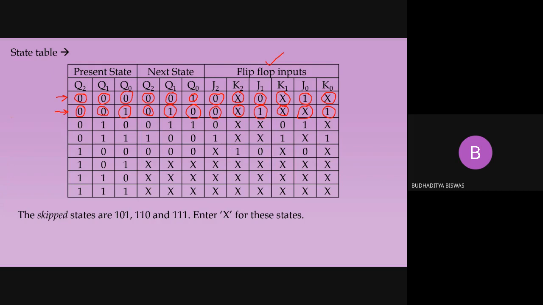So now you can easily understand everything. That means say this one is equal to 0, that is equal to 1. So this is a 0 to 1 transition, and for 0 to 1 transition, it should be J1, K don't care. So you see, J equal to 1, K equal to don't care condition.